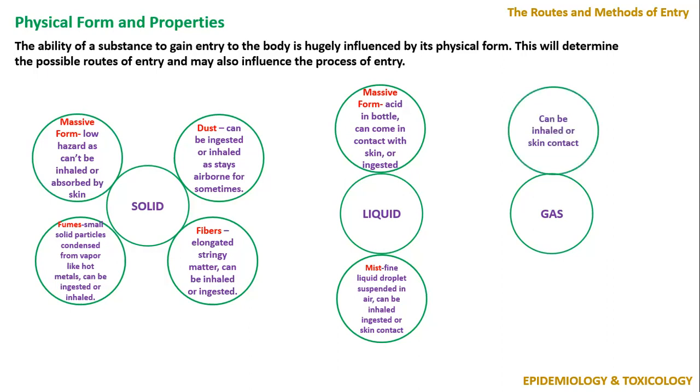Gases can be inhaled or can enter through skin contact, or the gases can be in the form of vapor. Vapors are similar to gases, but they are in equilibrium over the liquid form. So they can be inhaled or enter through skin contact.